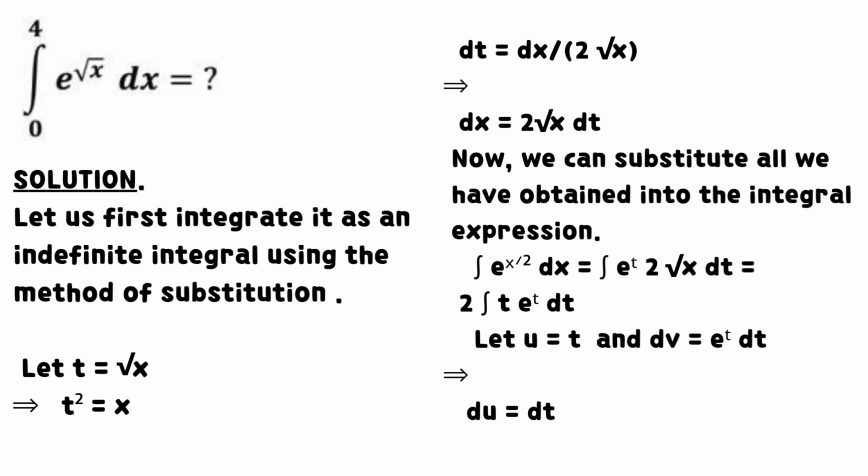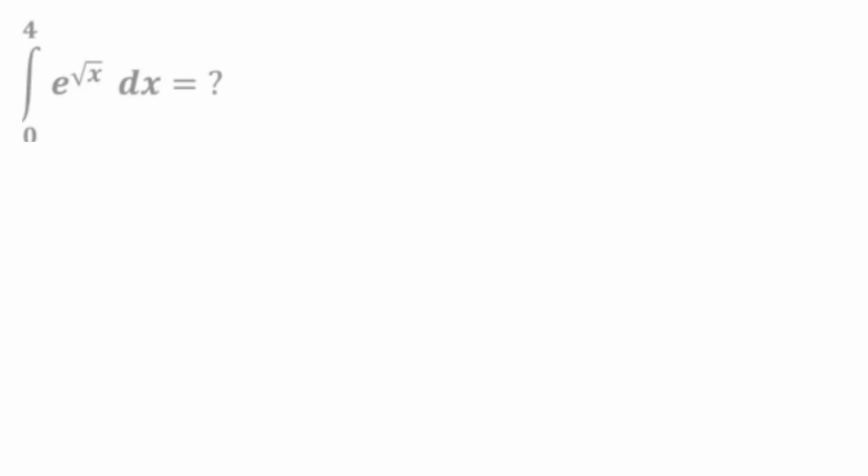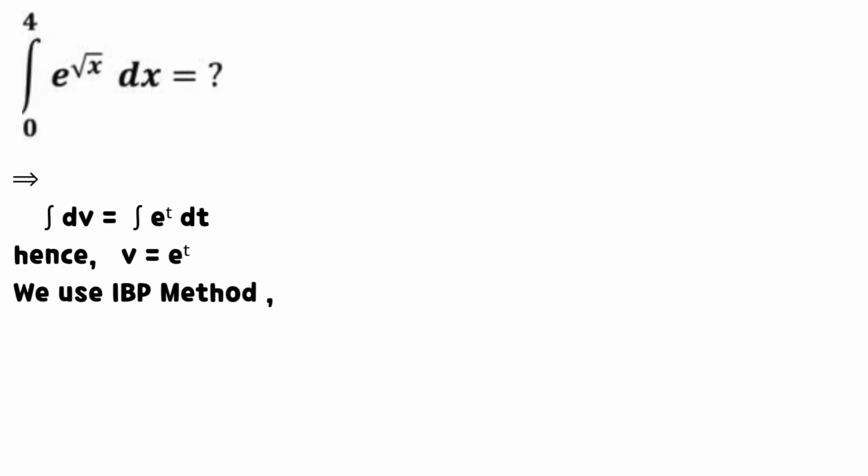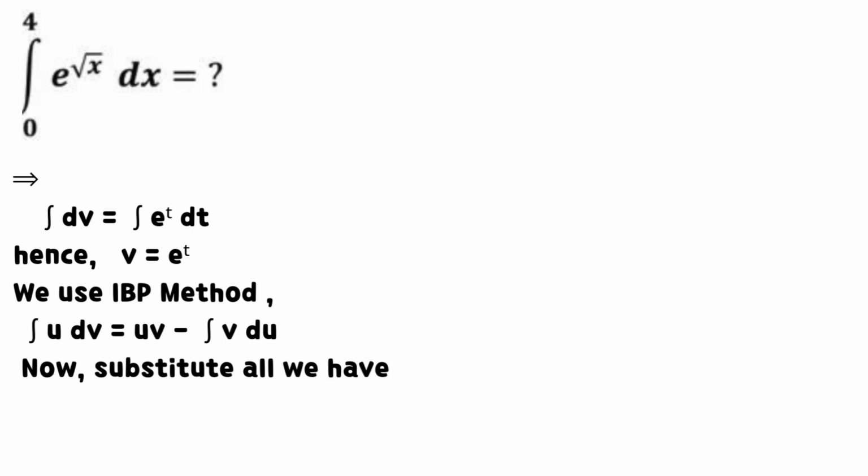Let u equal t and dv equal e to the power of t, dt; du equals dt. It signifies that the integral of dv equals the integral of e to the power of t, dt.